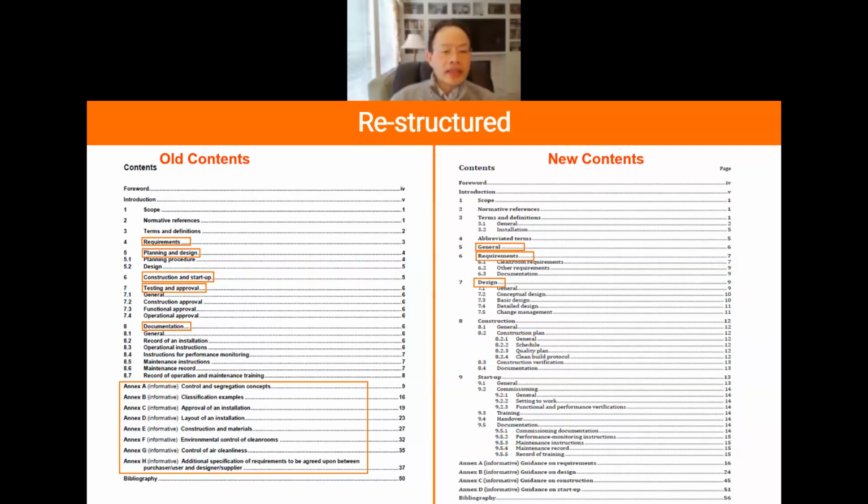Now we have a designated chapter for design and a designated chapter for construction and startup. Then we have fewer annexes, but they are more consolidated and structured in a much more reader-friendly way. The annexes are informative. The other sections in the main body are what we consider normative.